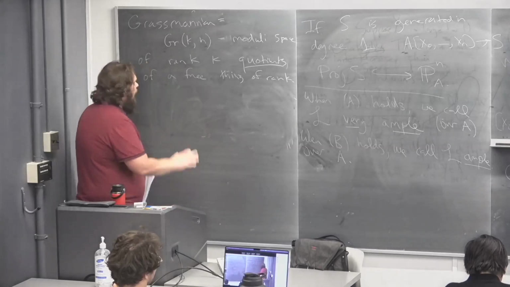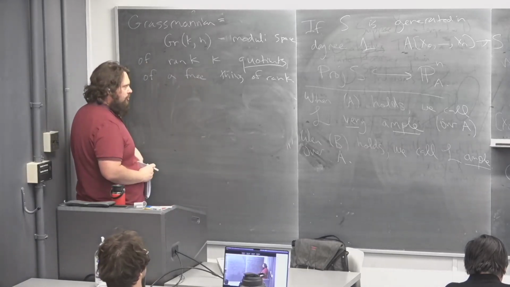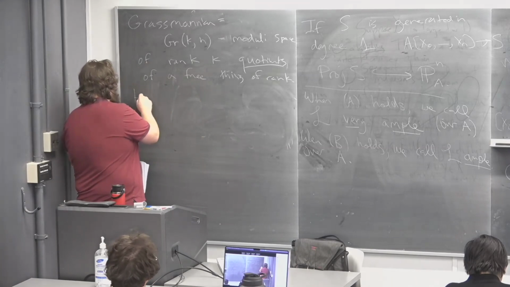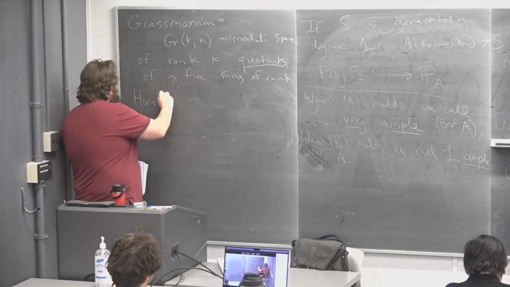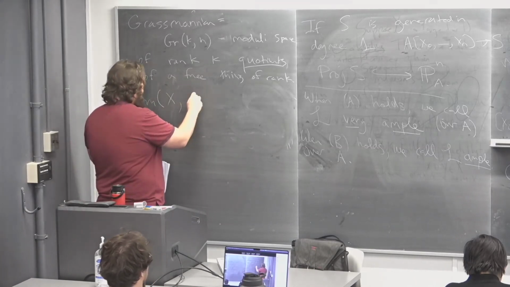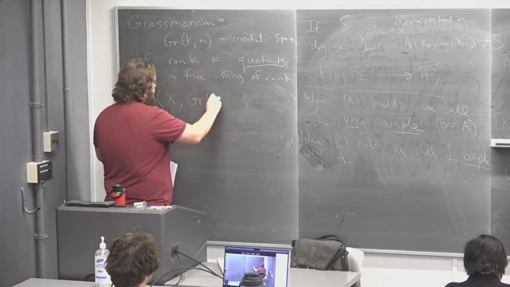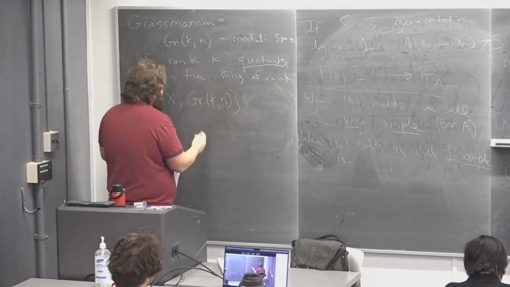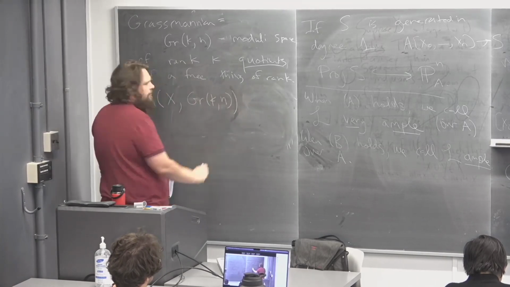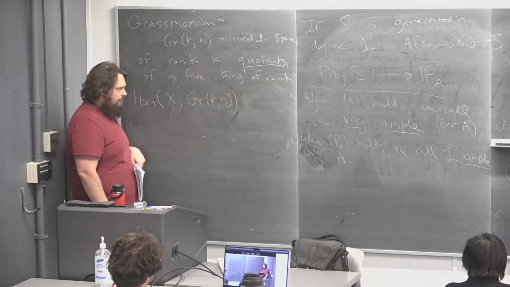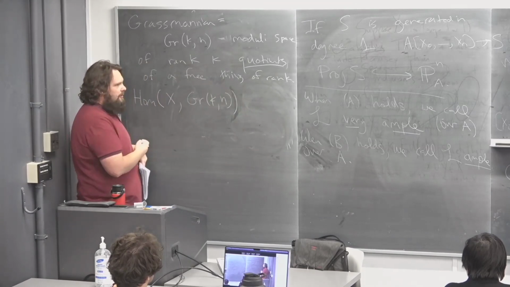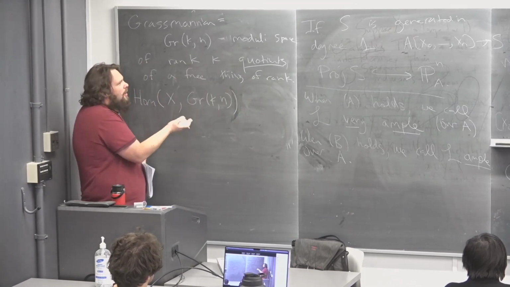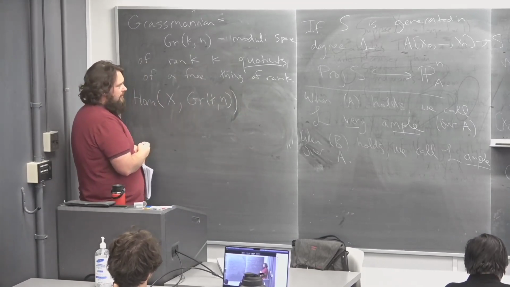So how do I turn this into an algebraic geometry definition? Well, we know that schemes are characterized by saying what Hom of another scheme into them is as a functor from schemes to sets. So what is Hom into the Grassmannian? Well, we kind of already know because we know what the answer is for projective spaces.